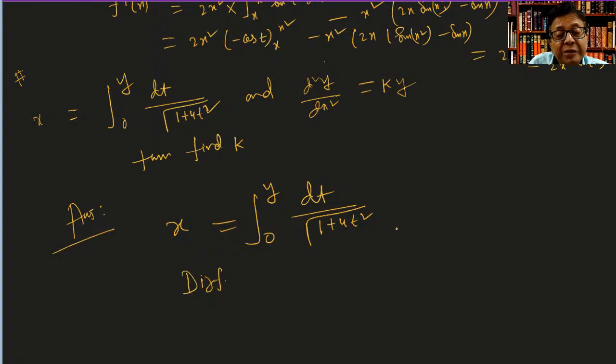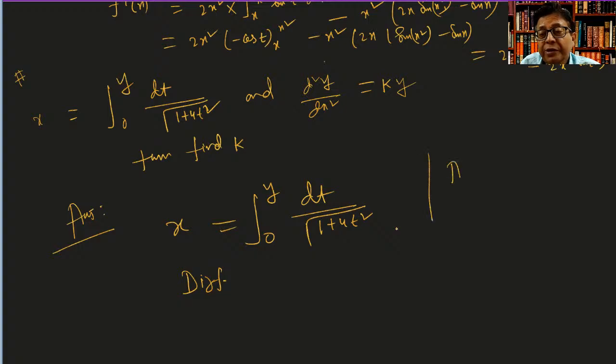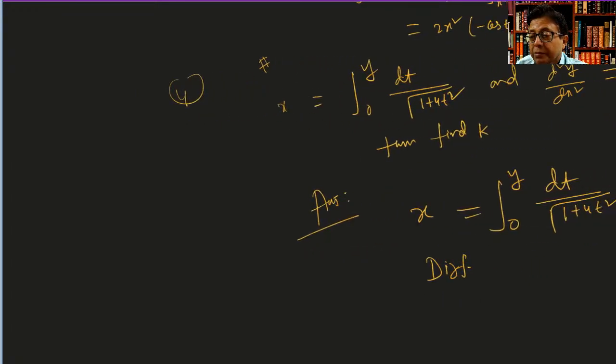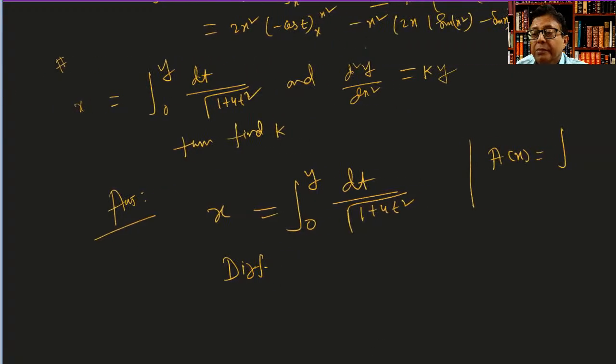Lower limit is a constant. So, you can use the concept of area function only. That A(x) equal to integral from 0 to x of f(x) dx, A dash x will be only f(x).